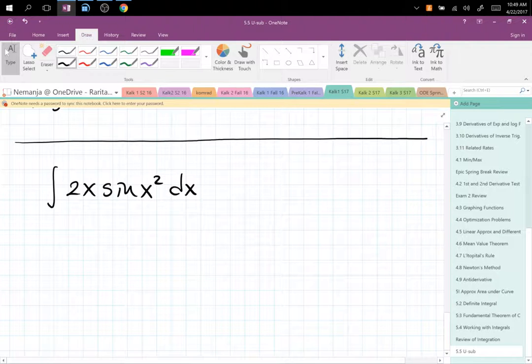Now I'm looking at a problem that has a linear function 2x as a function, sine of something as a function, x squared as a function. So I have a whole bunch of functions and possibilities in this problem. My suggestion on how to battle and navigate these more difficult problems is to look for a function-derivative pair.